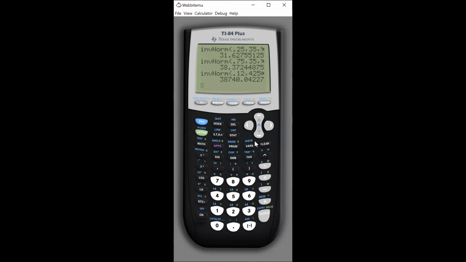So we'll press second, vars, inverse norm. So we'll put area at 0.90, or you could put 0.9 because it's exactly the same thing. You could put mu, which is 46. You could put standard deviation, which is 8. Press paste. And you get X is equal to 56.25.